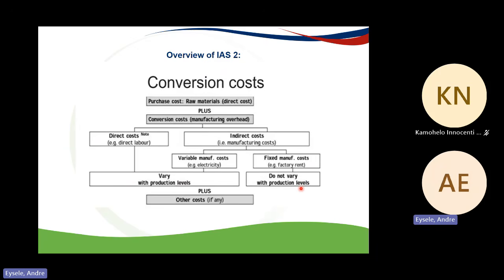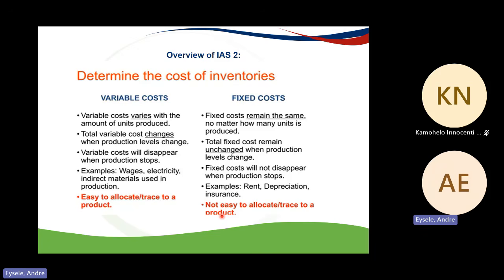So the factory rent or depreciation for the machinery will still form part of your manufacturing costs, and they do not vary with production level. And then there are any other costs, if there were any, to bring the inventory to the present location and condition necessary to make a sale.